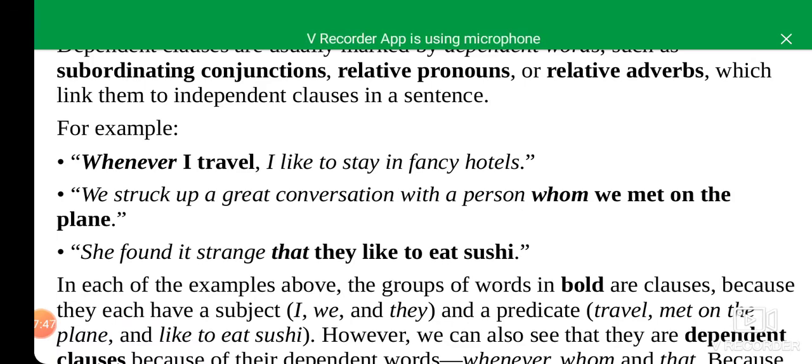You need some other information to complete this dependent clause, and that information is, I like to stay in fancy hotels. I like to stay in fancy hotels, that is a complete independent clause, which adds to the information of the previous sentence, whenever I travel, which is a dependent clause. So whenever I travel depends for giving its complete meaning on the rest of the sentence, that is the independent clause.